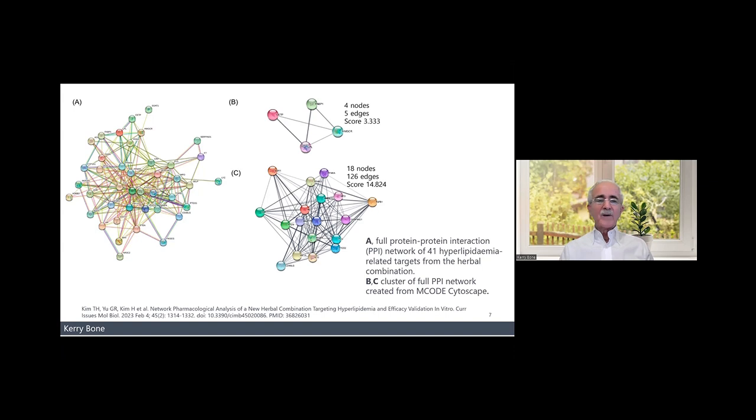We don't necessarily get into the complex detail of this paper. I've given you the reference if you want to go and read it, if you're interested in it. I hope you are. But just to illustrate what a network pharmacology for a herb extract or a herbal combination looks like, with the identification of specific nodes related to specific therapeutic targets.